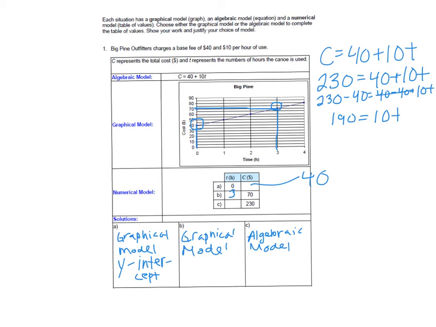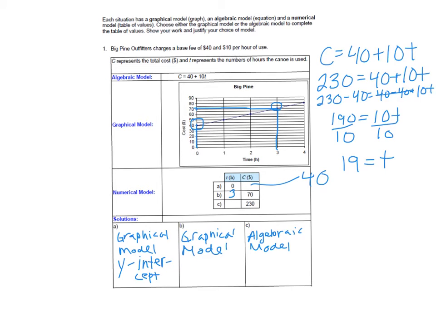So now I have 190 equals 10t, and I'm going to have to divide both sides by 10, because 10 is being multiplied by t. So to get rid of that 10, I'll divide both sides by 10. If I divide 190 by 10, I get 19. 10 by 10 is 1, and I can just write t because I don't need to write 1t.